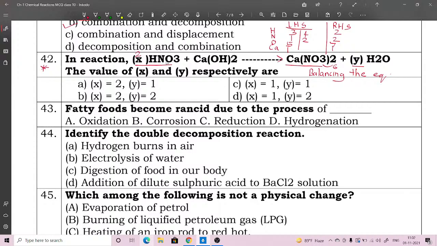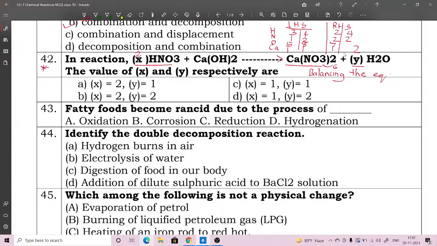We have oxygen, this 2, 3 to the 6 and this 2, so 2 and 6, 8. Calcium is 1. And if I put 2 over here, let us check it out. Hydrogen becomes 4, nitrogen 4, 2 to the 4. Nitrogen becomes 2.